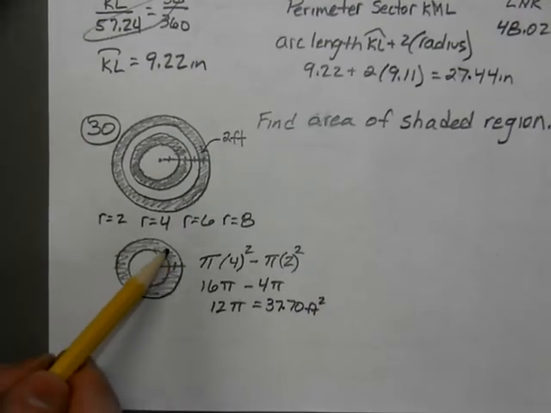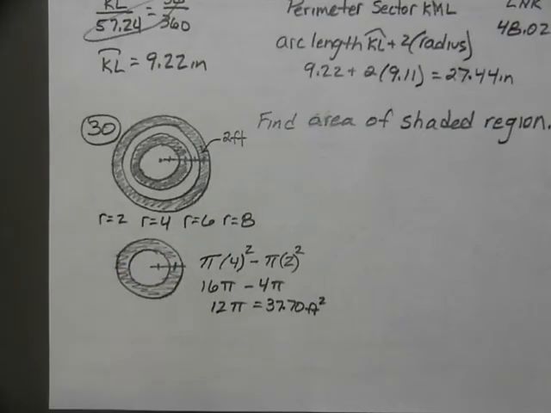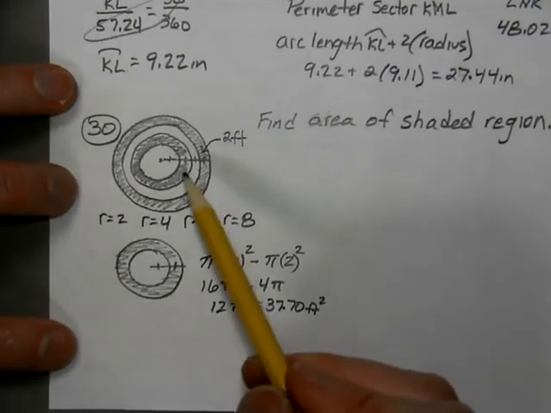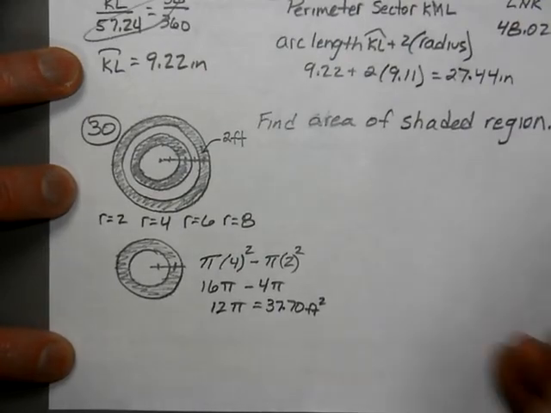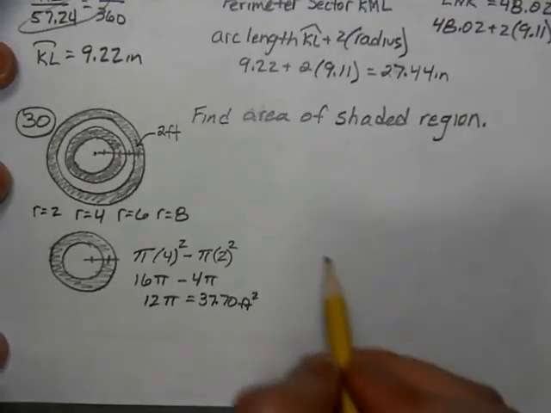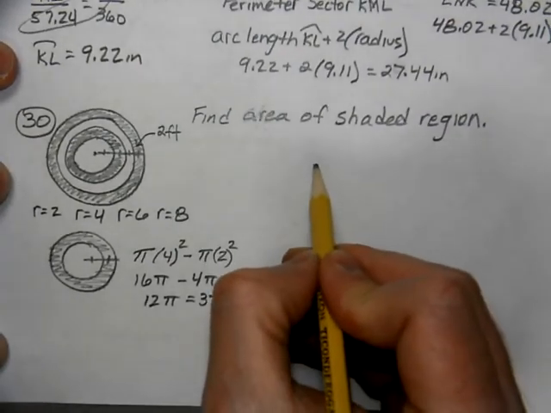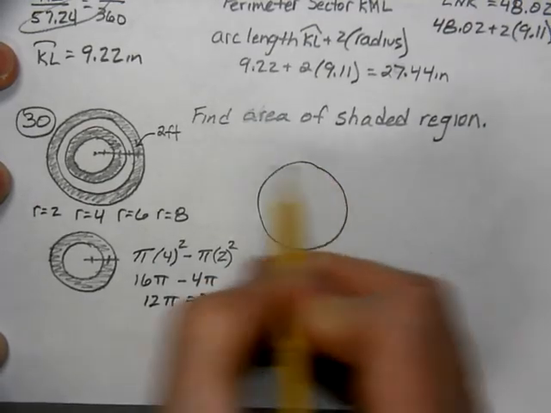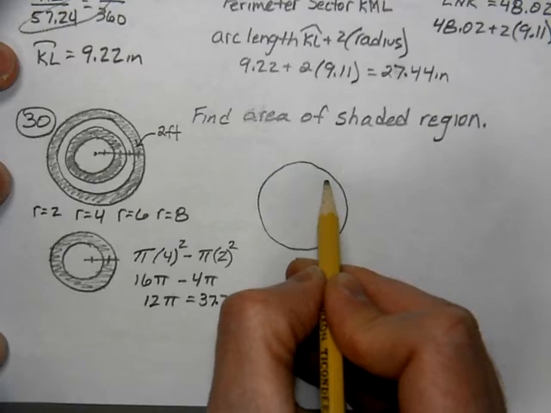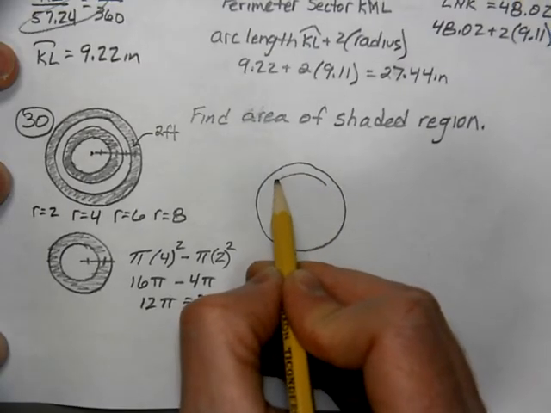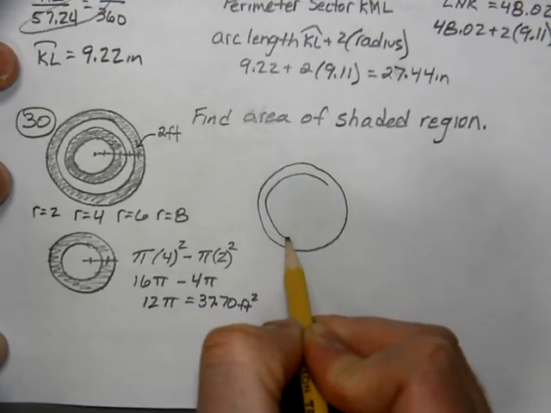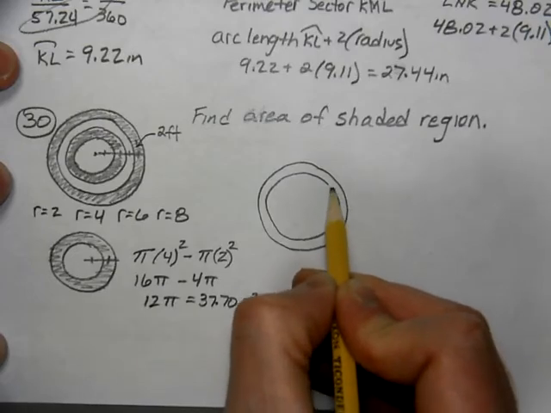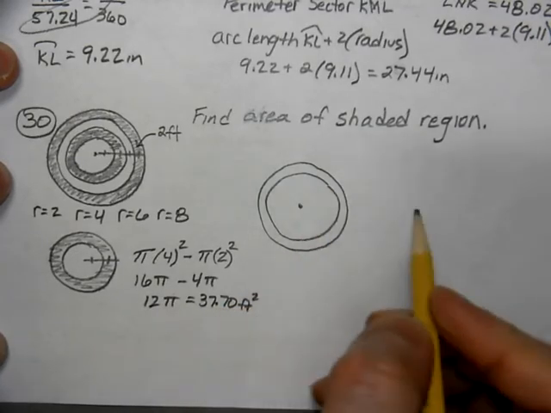That would just be the portion on the outside. So then I'll come over here to the other circle. We're looking for the much larger circle, and then we'll subtract this inner circle.